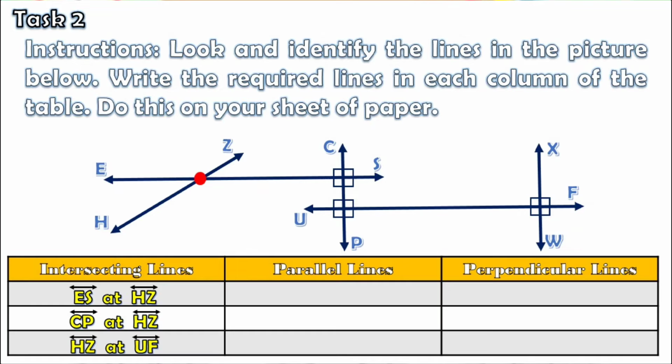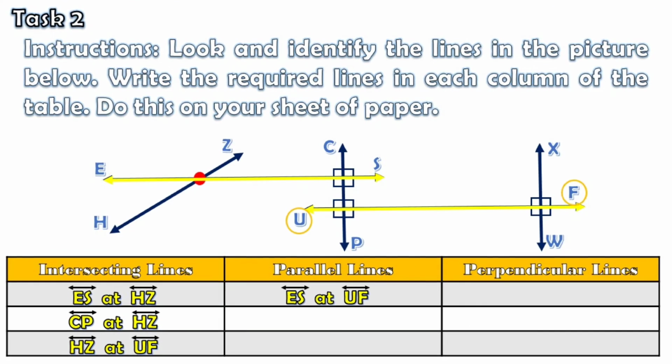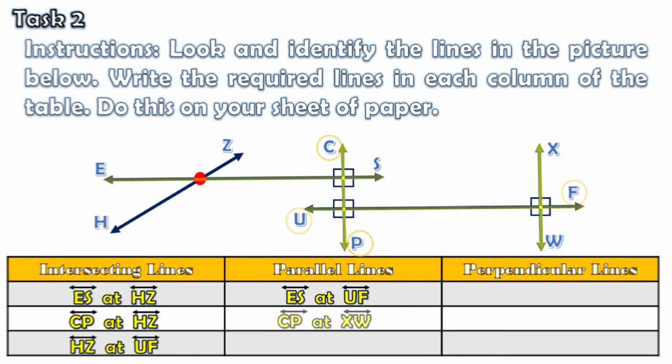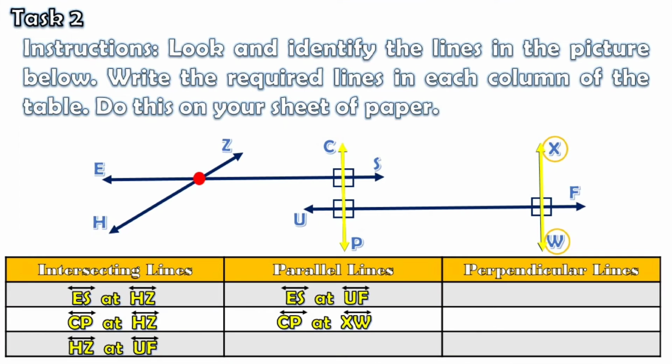Now, let's identify the parallel lines in our lines. Did you see and write the parallel lines? Some of the parallel lines are line ES and line UF. Parallel lines are also line CP and line WX. If you have seen other parallel lines, you can add them to your answer.